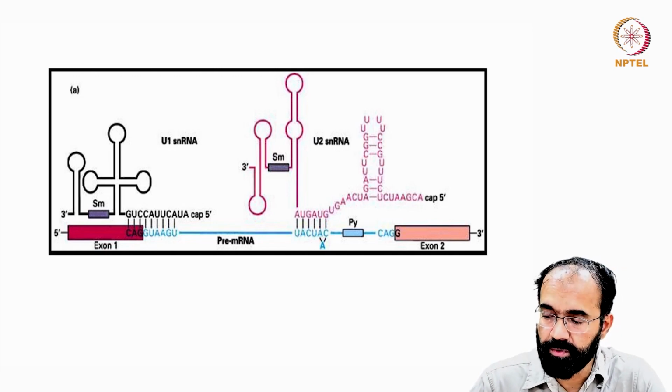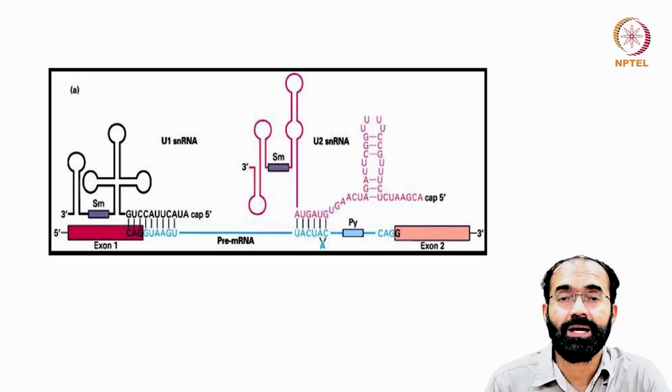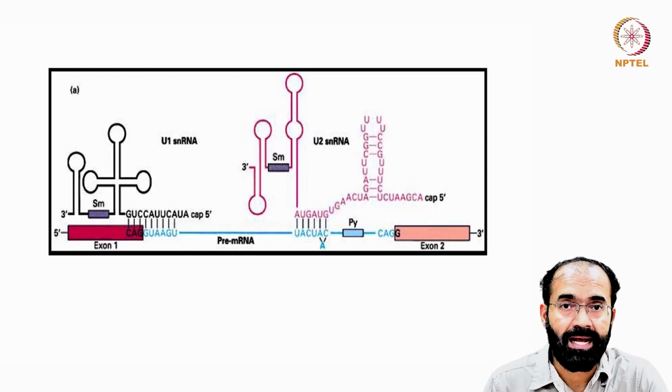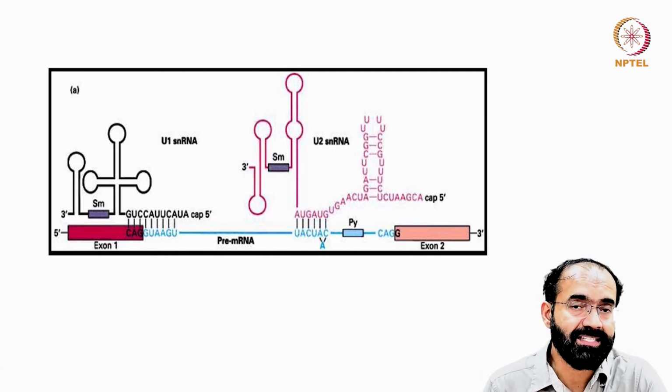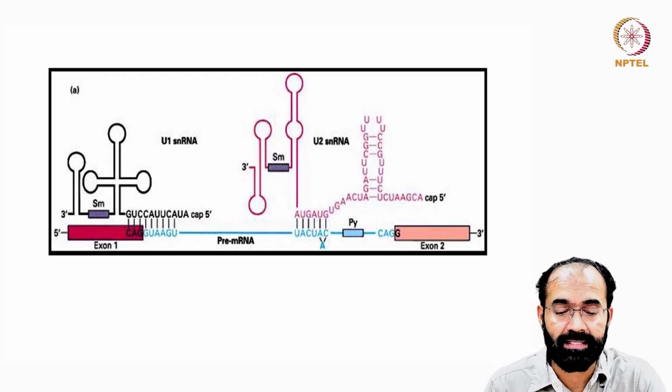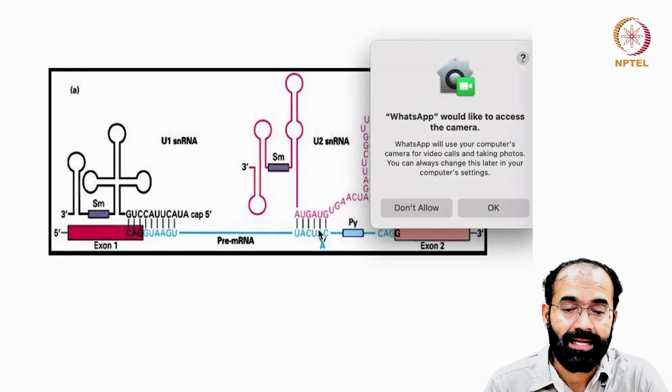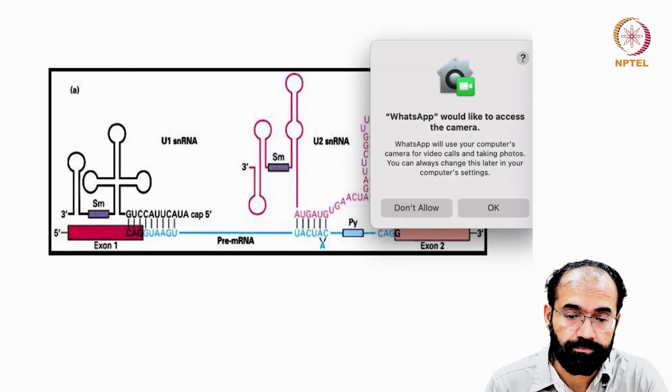You may remember, in the group 1 and group 2 self-splicing introns that you studied in the ribozyme part, one of them recruited an exogenous guanosine, and in the other, group 2, it had a branch point.